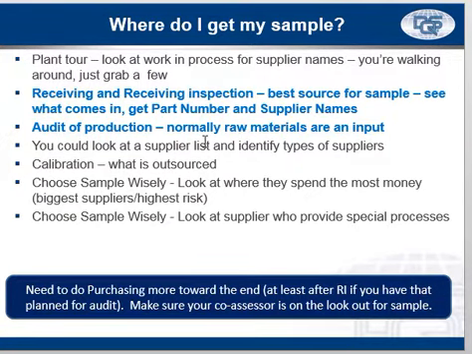You could look at the supplier list if they have a list and identify types of suppliers. It's not the best way of doing it. It's better to get your sample from what you're seeing out on the floor. If you audited calibration, you can see who they outsourced it to if they're doing any outsourcing. These last two bullets are less about where you get your sample and more about how to choose your sample.